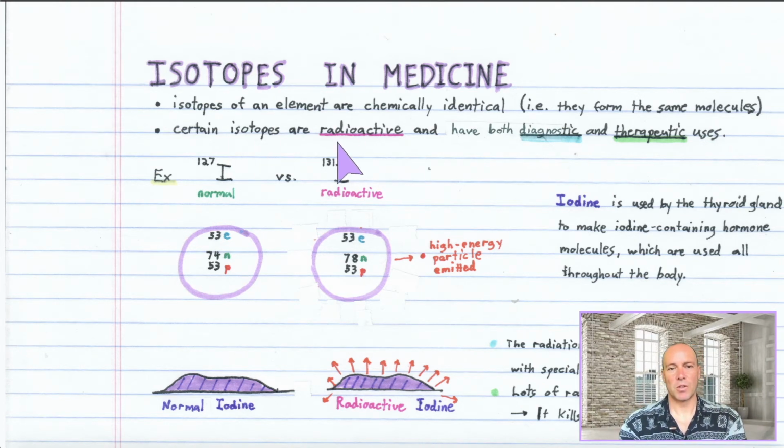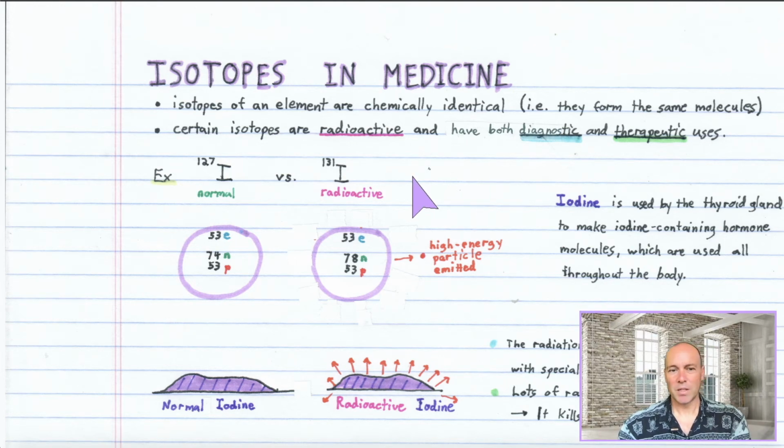Interestingly, certain isotopes are radioactive, meaning they will emit high energy particles. Other ones are normal and are not radioactive. Now, the radioactive isotopes can be taken advantage of and have both diagnostic and therapeutic uses in medicine.